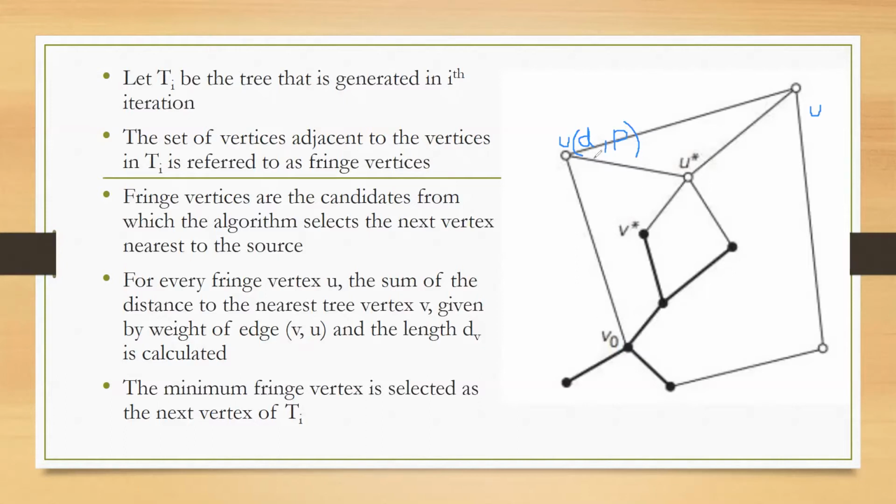Now the statement continues: the sum of the distance to the nearest tree vertex V. Starting from U, this distance you have to consider, and the length d_v. What is the distance of this?